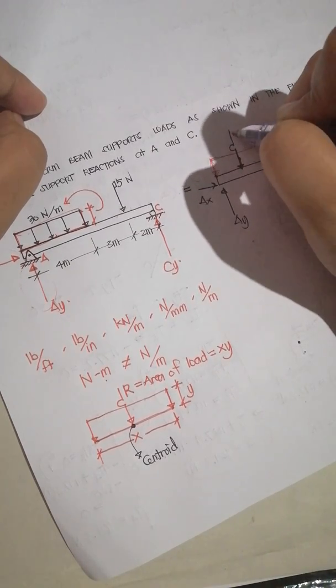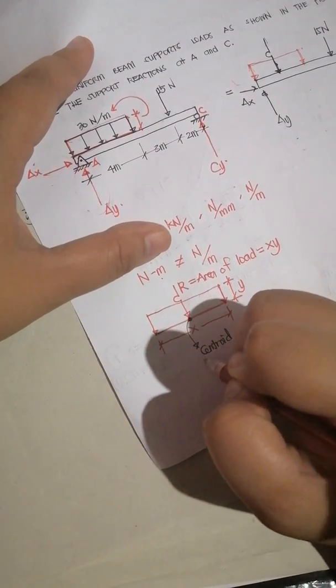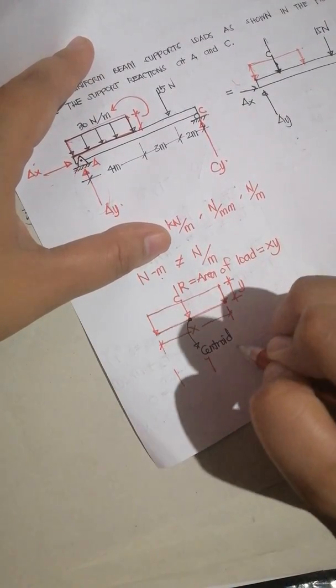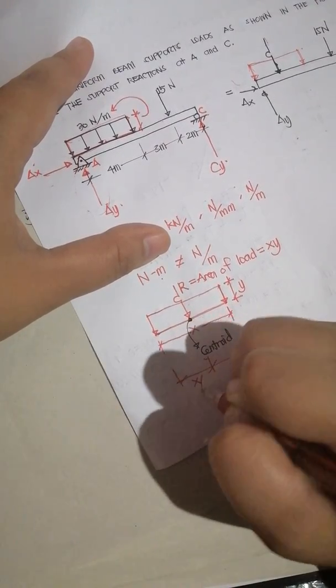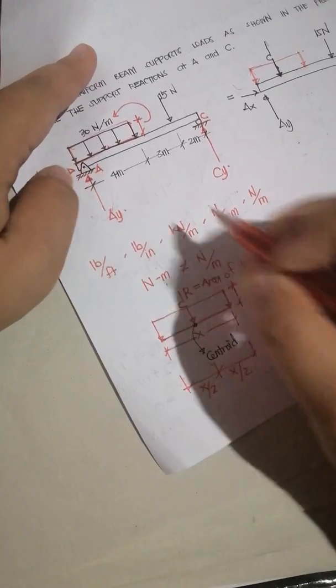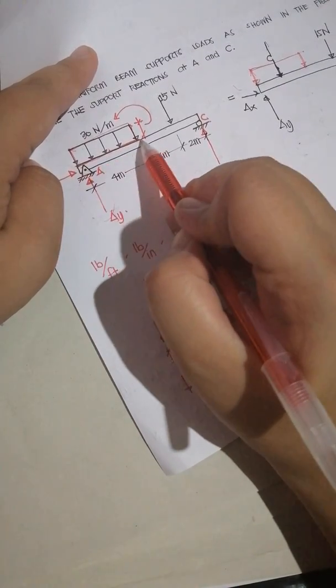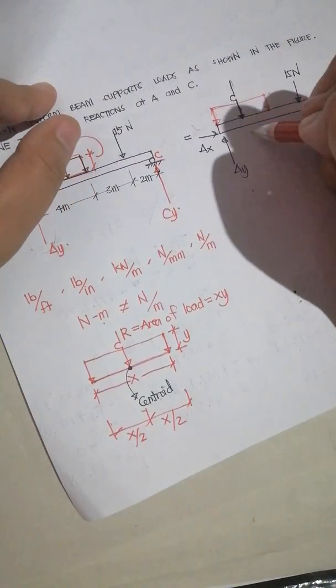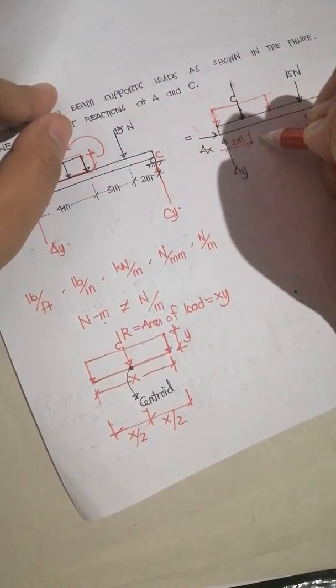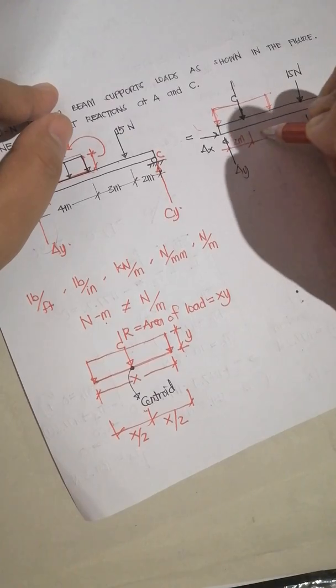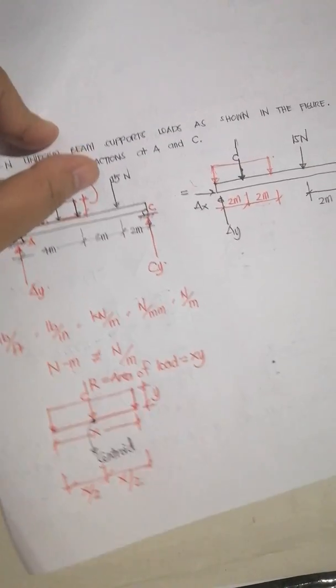In this case, it is located midway along the length of the distribution. So we have x over 2, and the whole distribution length here is 4 meters. So side by side it is located 2 meters, and at the other side it's also 2 meters because it's a rectangle.